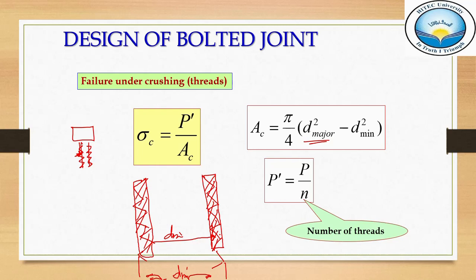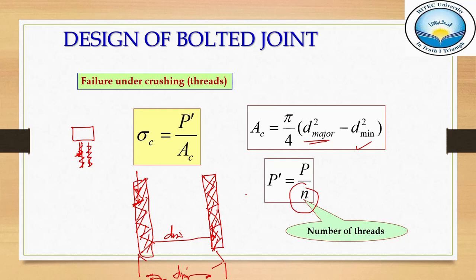This area contains only threads, and that is pi by 4 times D major squared minus D minor squared. The crushing is because the load is tension in direction, and the applied load is perpendicular to the thread area. It's not exactly perpendicular, but generally considered to be perpendicular. So they crush the threads, and the load is distributed among all threads equally.